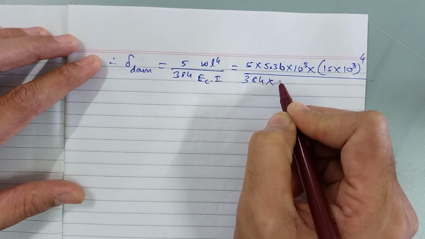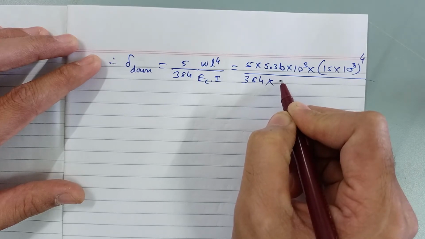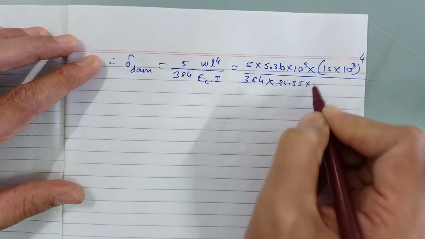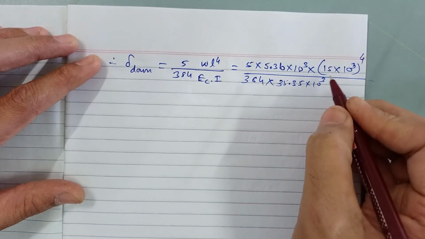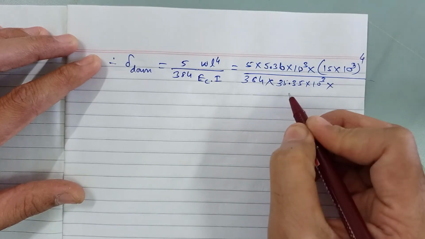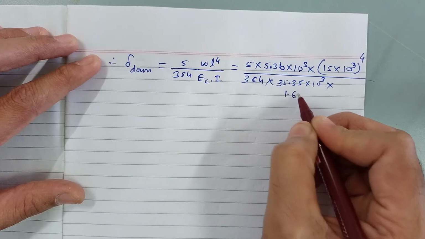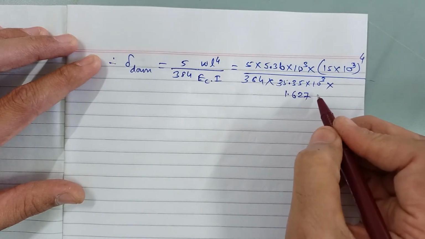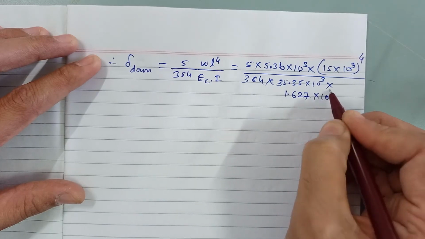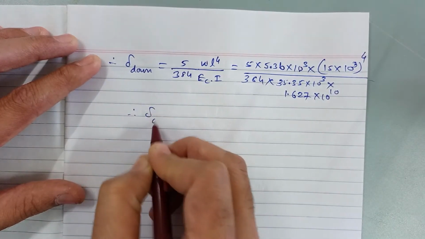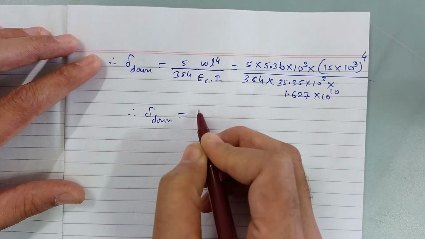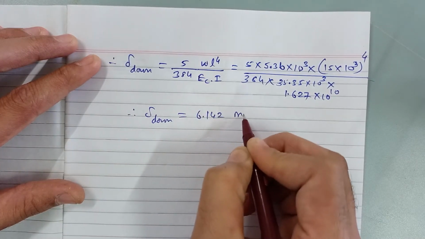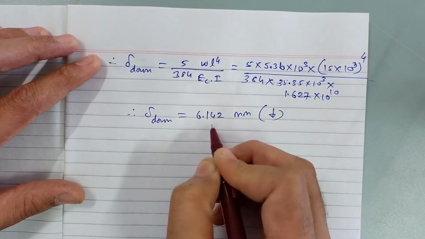Young's modulus of elasticity of concrete we have calculated as 35.35 into 10 raised to 3 Newton per mm square, and I of the section, that is moment of inertia of the section, we have calculated in step number 2, that is 1.627 into 10 raised to 10. Solving this, we will get deflection as 6.142 mm, that is in the downward direction.